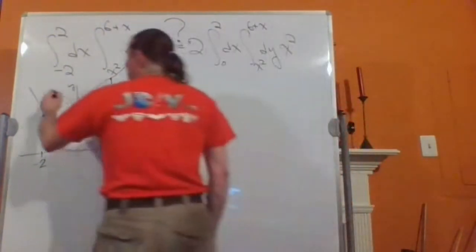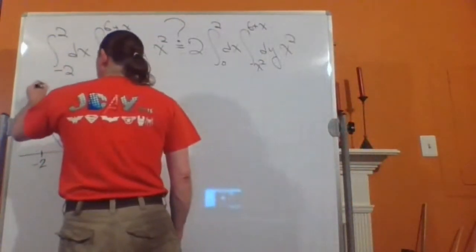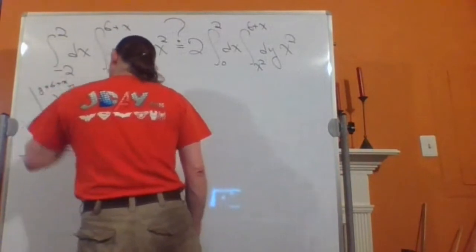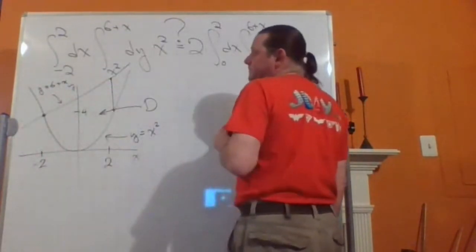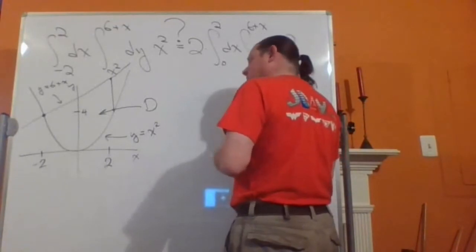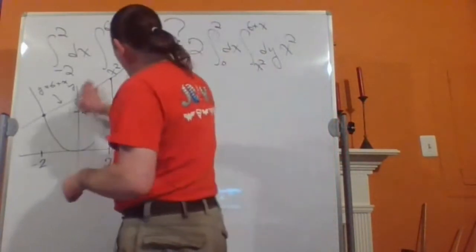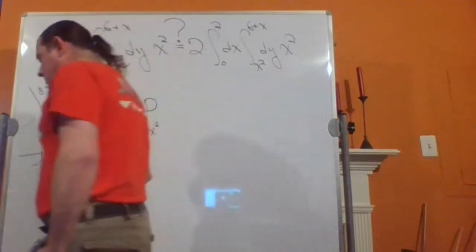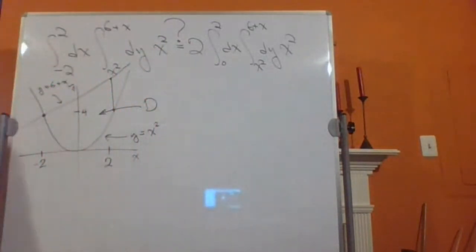Okay? This here is y equals 6 plus x. All right? And notice that it is not symmetric. The right-hand side is not just a mirror image of the left-hand side. Okay?